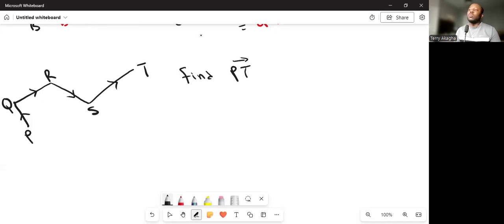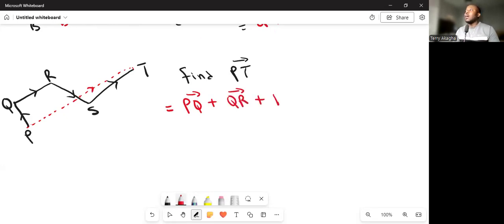So we want to move from P all the way to T, vector PT. So how do you get there? In order to get from P to T, you have to first go to PQ. Then you go to what? QR. Then you go to what? RS. Then finally, you now go to what? ST. And this is how you get the answer for that.